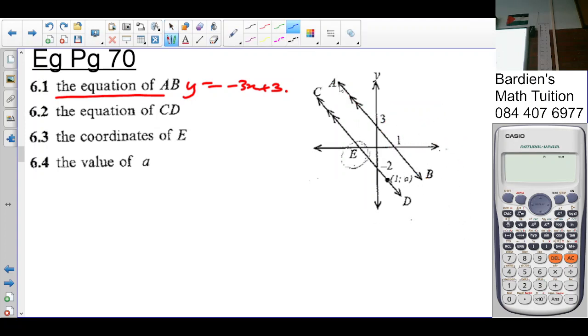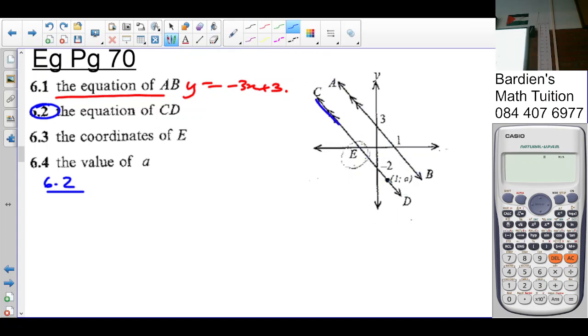You get 6.2. In 6.2, they want the equation of CD, which is this line. But what do we know about CD in relation to AB? They're parallel. How do we know it's parallel? The parallel lines are there. Can you see that, people? So if lines are parallel, what do we know?